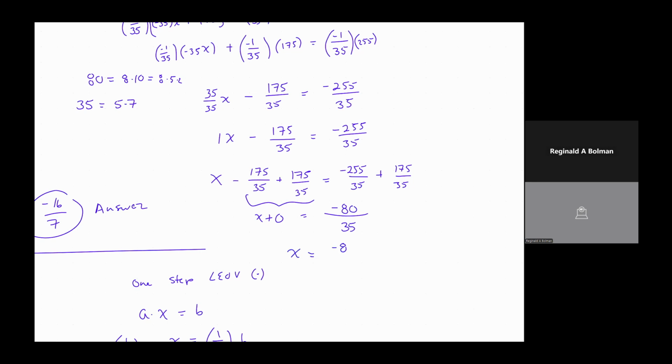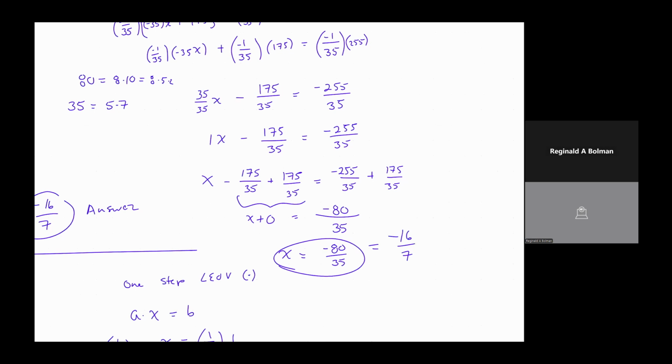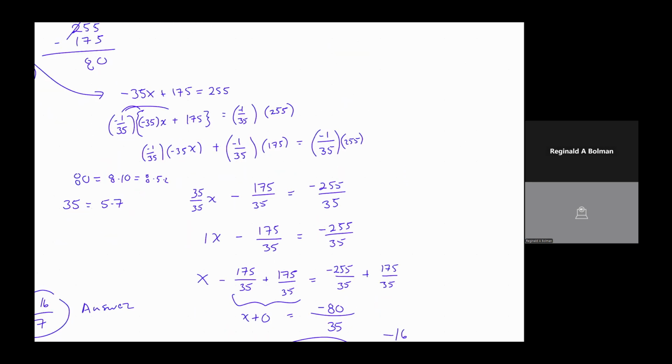Now, of course, that's not the answer, it would divide out and be negative 16 over 7. The question, of course, is, do you want to go through all of these steps to do the same thing that you did before?